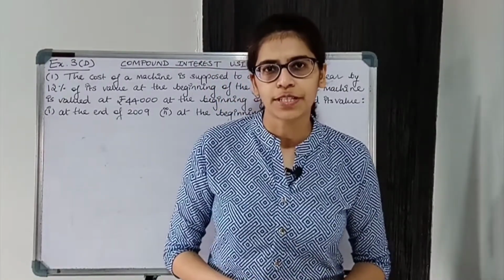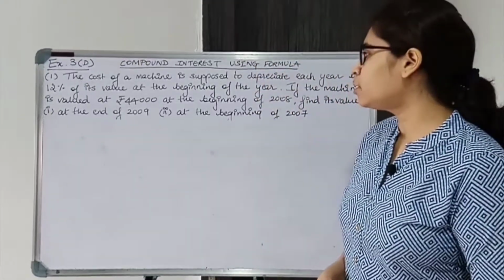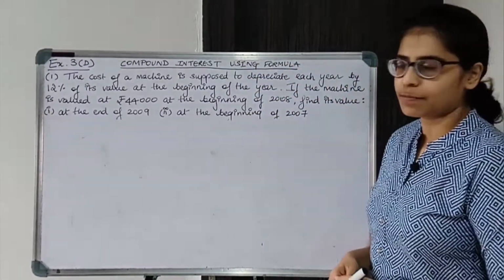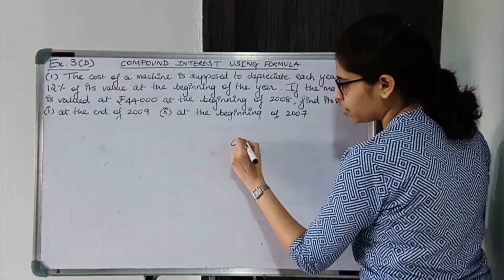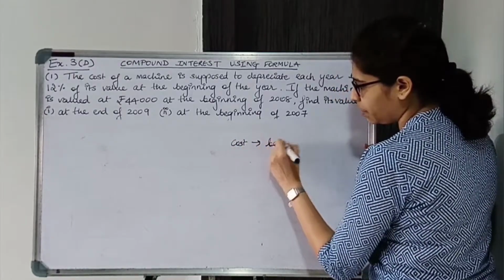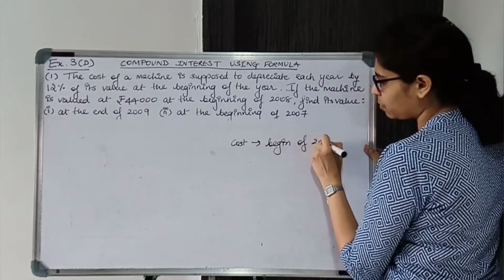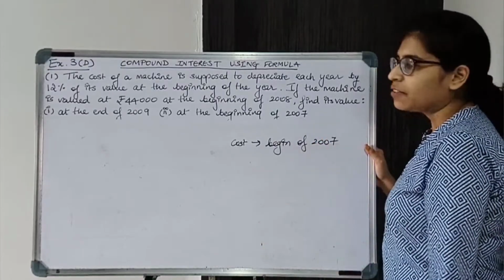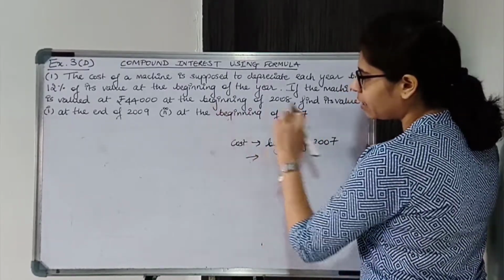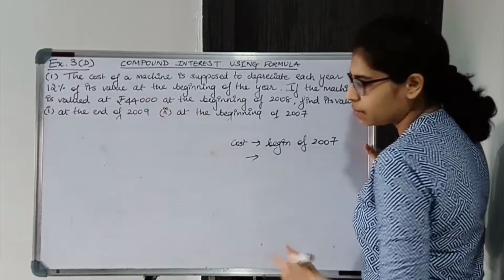Coming to the second part of the question. Now we have to find the cost at the beginning of 2007. We are given the cost at the beginning of 2008, that is 44,000.